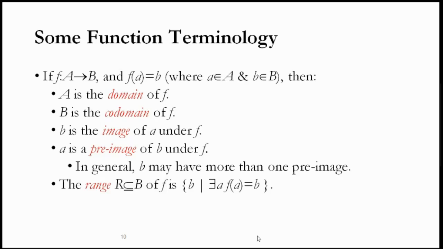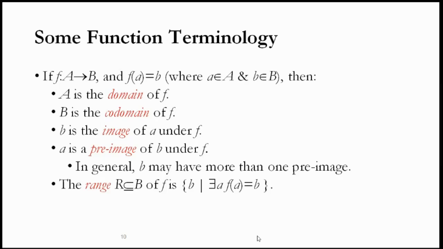In general, b may have more than one pre-image. That means multiple inputs may lead to one single output. With one input you may get b, and with some other inputs also you may get b. So this is the meaning of this.